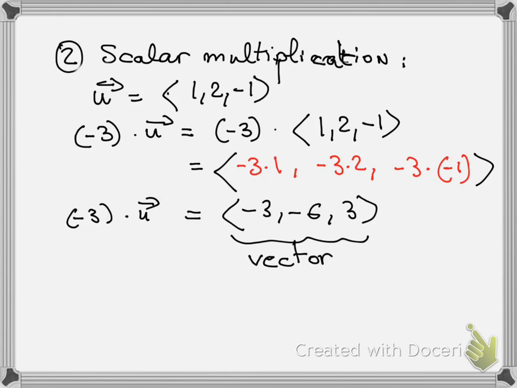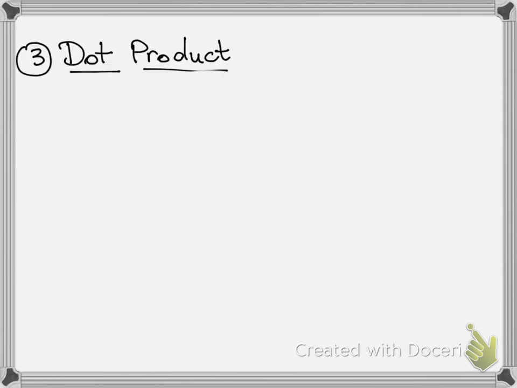Again, with these two operations, when you add or subtract two vectors, you get a vector, and when you multiply a vector by a number, you get a vector. Now, the third operation we're going to do is the dot product. So the dot product of two vectors, first notation. It's called the dot product because in the notation we use a dot.